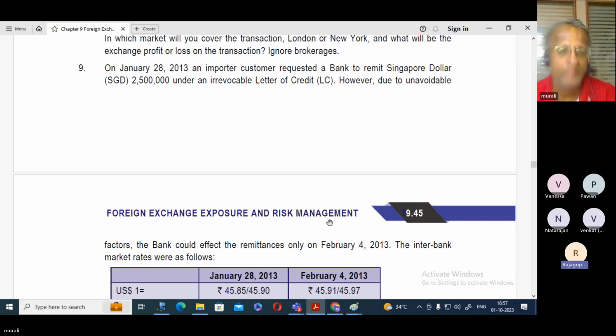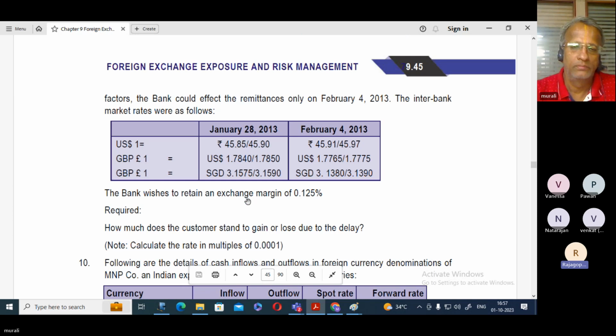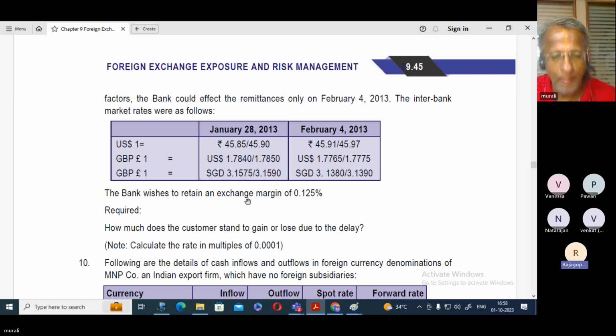On January 28, 2013, an importer customer requested a bank to remit Singapore dollar 25 lakhs under an irrevocable letter of credit. However, due to unavoidable factors, the bank could effect the remittance only on February 4, 2013. The interbank market rates were as follows. The bank wishes to retain an exchange margin of 0.125%. How much does the customer stand to gain or lose due to the delay? Note, calculate the rate in multiples of 0.0001.